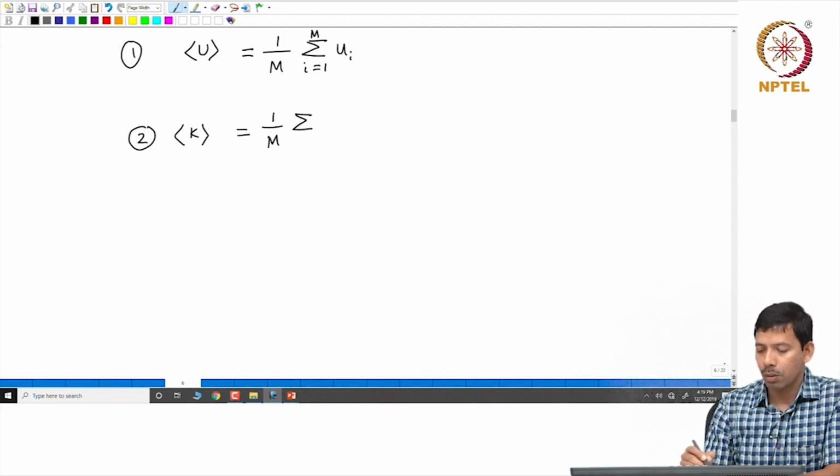So m is the number of microstates generated, j equals 1 to m, and then I have n particles, and my kinetic energy is nothing but half m_i v_i square.